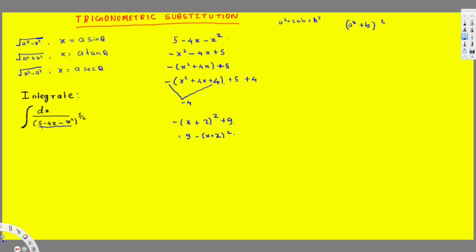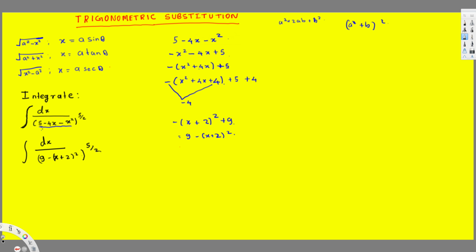Now we can bring this one into this one. So this is going to be integral of dx over 9 minus x plus 2 whole square, and this is only for this one. Then all together we have 5 over 2.